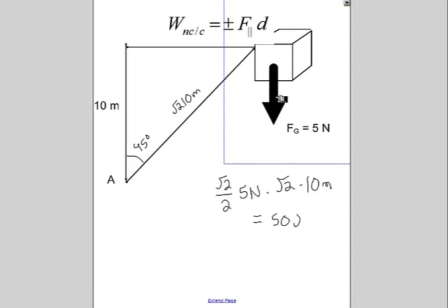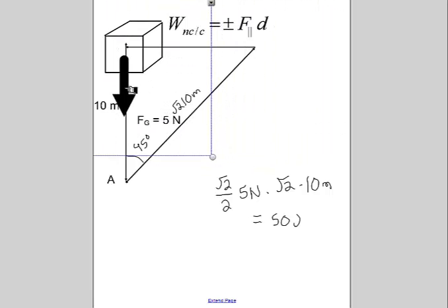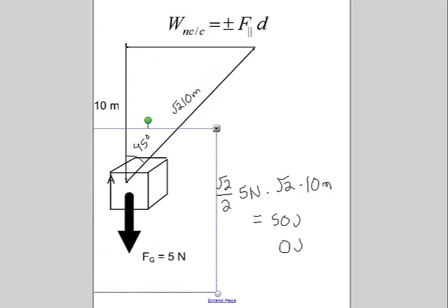So, moving this box horizontally across, was there any component of this force that was in the same direction of motion? No. So for that leg of the journey, 0 joules. Now we can go down. So that's downwards 5 newtons, 10 meters.